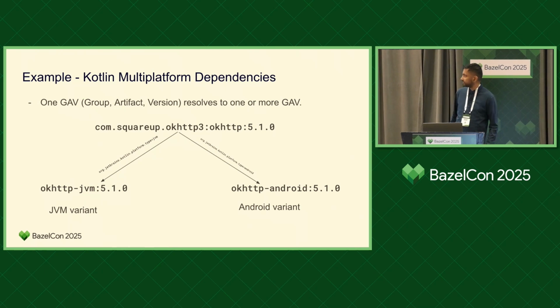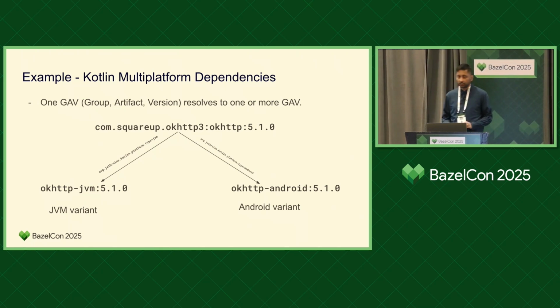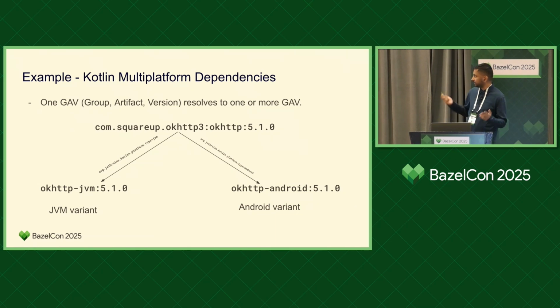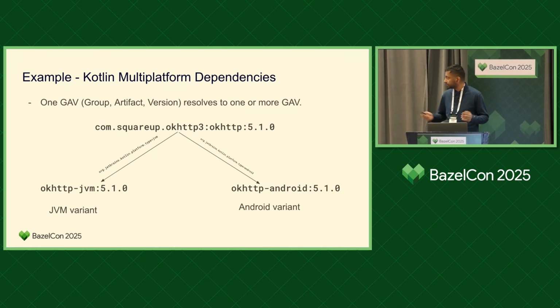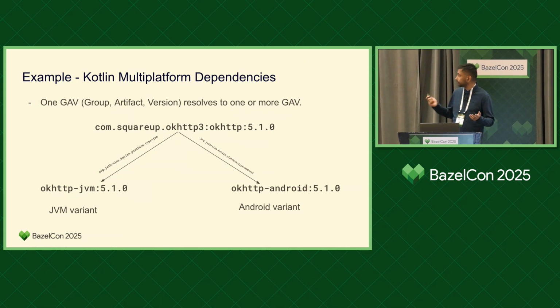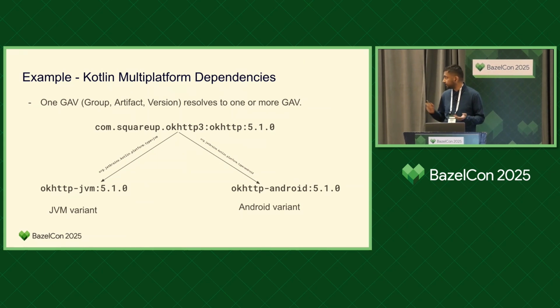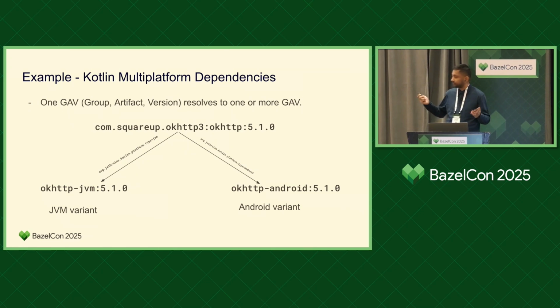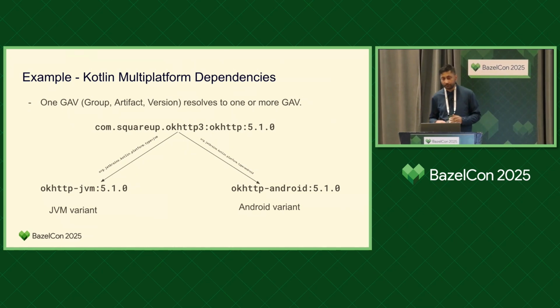So another example where it's useful is with Kotlin Multiplatform dependencies. Kotlin Multiplatform dependencies are like regular Maven dependencies, but there's one subtle thing to note. Any given Kotlin Multiplatform artifact or Maven coordinate is an umbrella that can be resolved to a platform-specific variant.